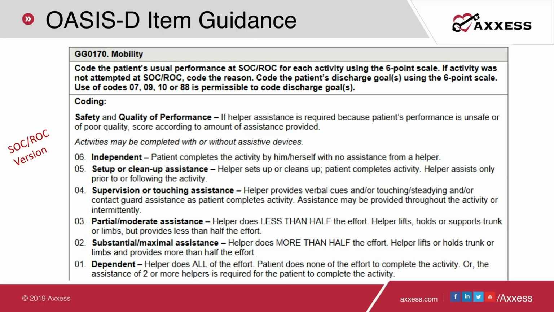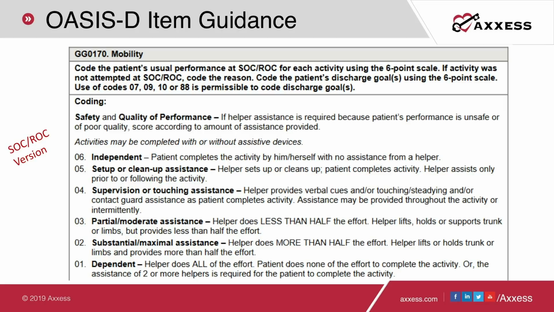That 6-point scale is 6, 5, 4, 3, 2, 1, and it functions exactly the same as the GG0130 that we just learned in session 3. If the activity was not attempted at start of care or resumption of care, we code the reason why, and then we're also coding the patient's discharge goal using a 6-point scale.